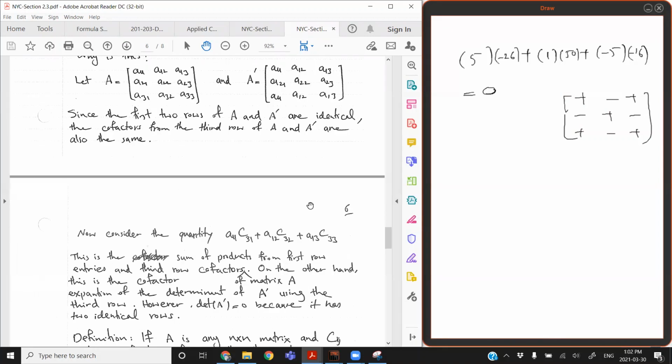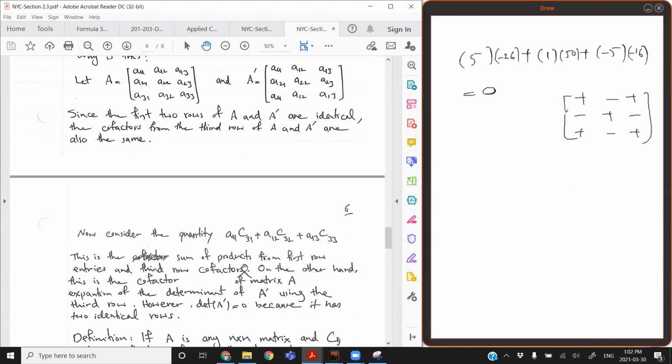Now consider this quantity: A11 times C31, so this entry times the corresponding cofactor, plus this entry times the corresponding cofactor, plus this entry A13 times the corresponding cofactor. We all agree that this is the determinant of A prime, which is 0.